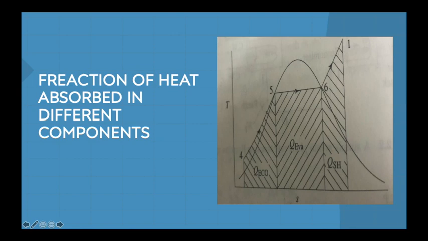But as the pressure increases, this quantum reduces to 20 to 30%. And if we go out of this curve, that is in a supercritical condition, this quantum is reduced to almost zero. So all the heat given in a boiler at that point is used for raising the temperature of the steam only.